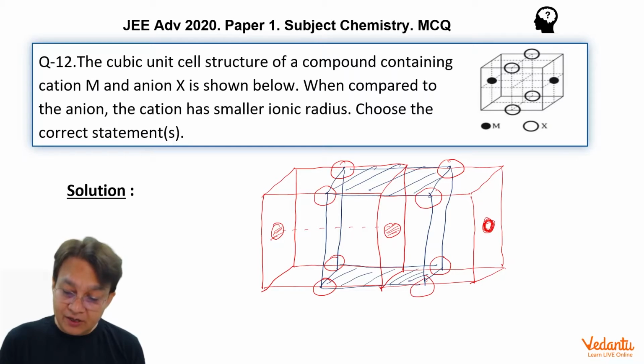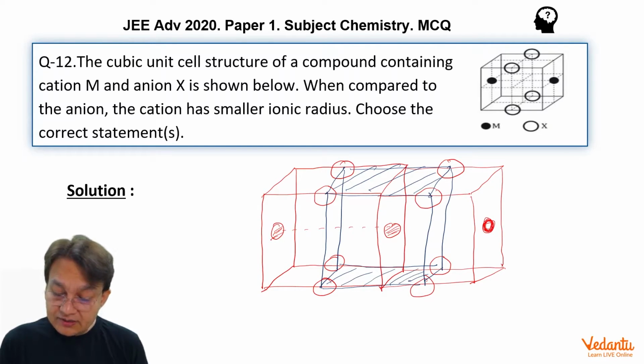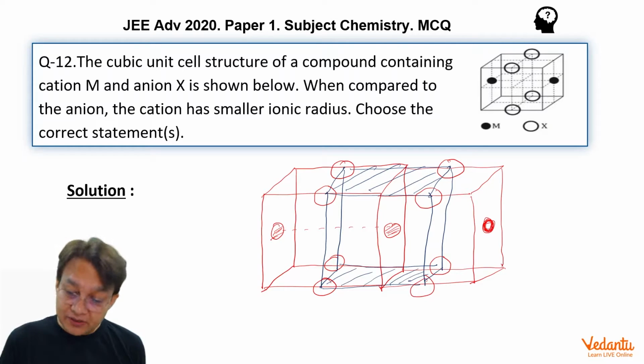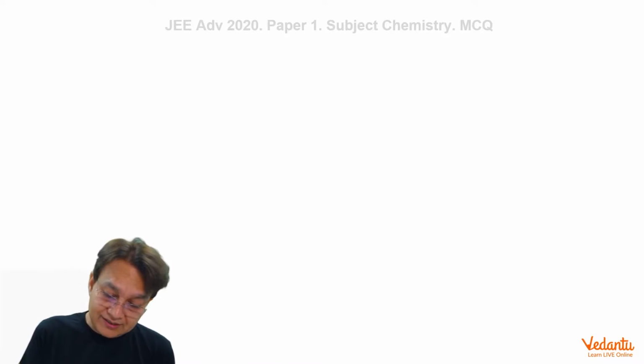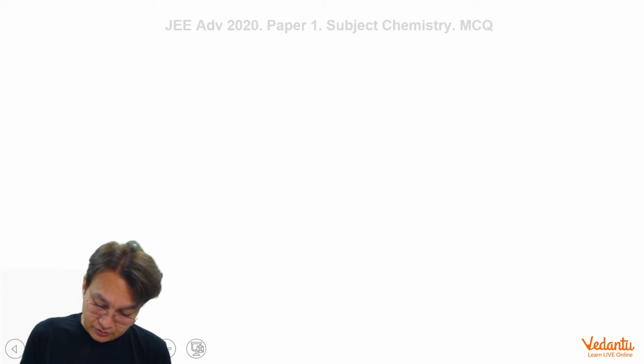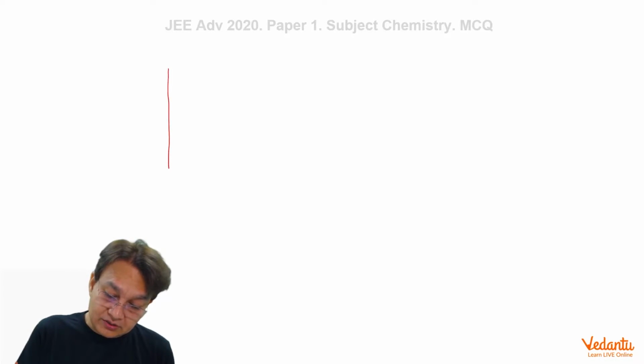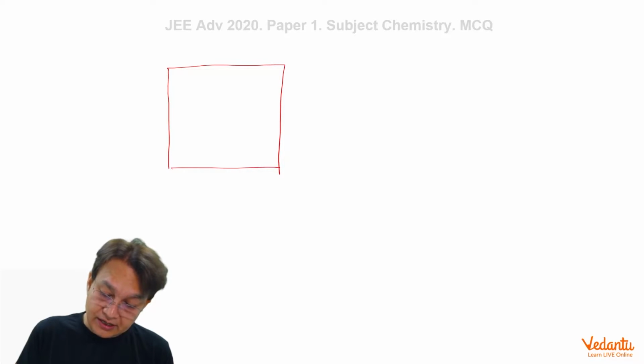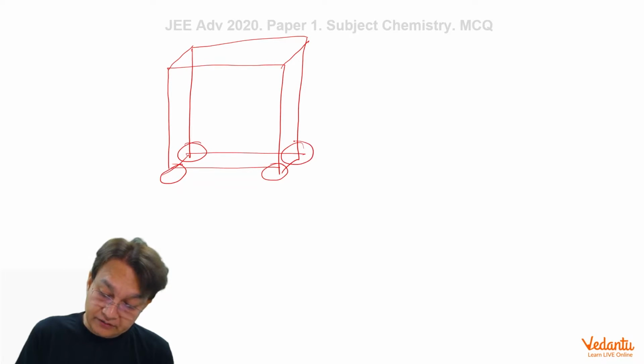So the meaning of this statement is that a simple cubic packing has been presented in a different format. Once we recognize this, the problem is extremely simple, because now the problem is related to a simple cubic lattice. Let me show you. If this is a cube, and in this cube all the corner atoms are negative anions, and in the body center there is a cation.